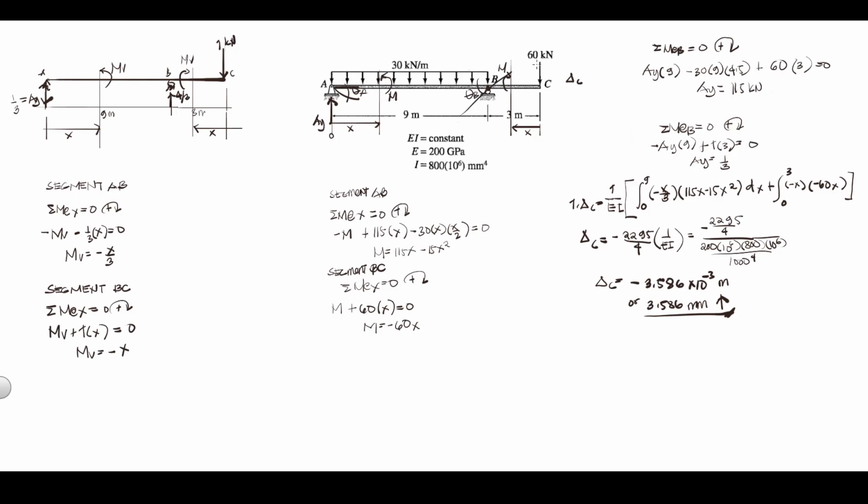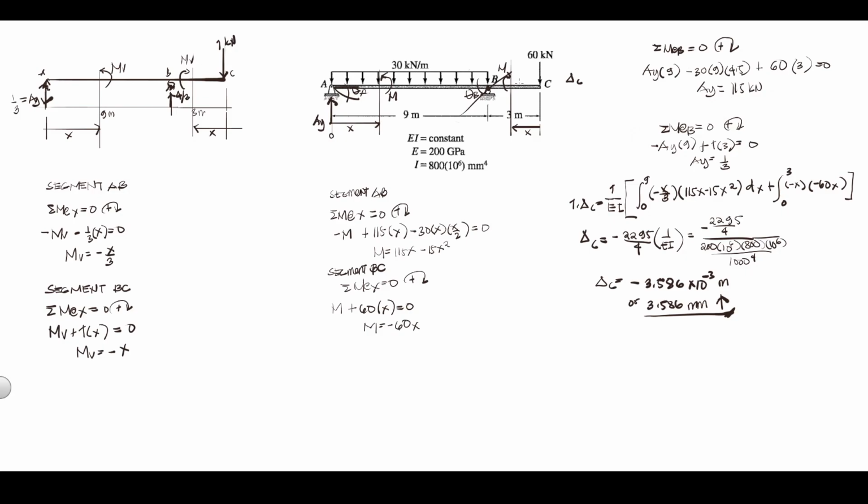Pwede rin yan. Okay, so no problem doon. So, pwede nyo nang ilagay ito sa PS nyo. Kung gusto nyo i-practice to, kung gusto nyo ilagay yung mga example natin sa PS, okay lang. Or you can practice yung mga given examples natin sa mga lecture, sa face-to-face class natin.